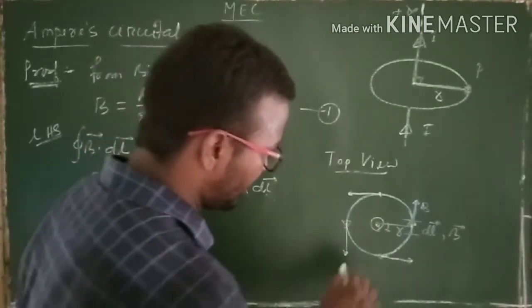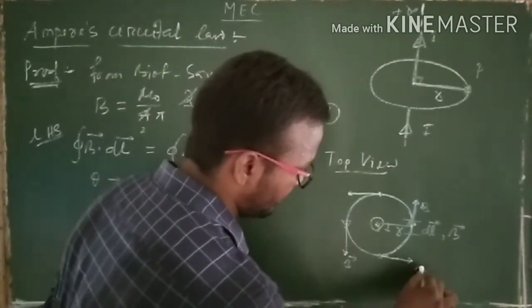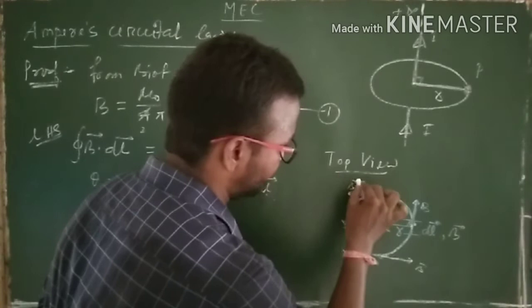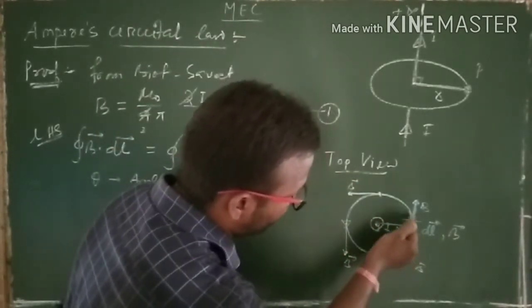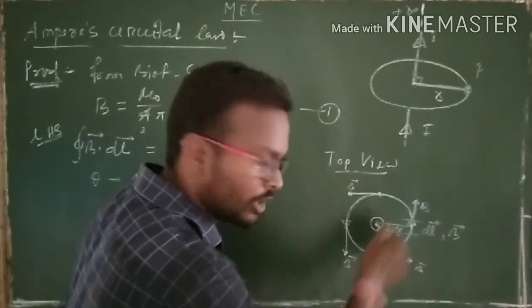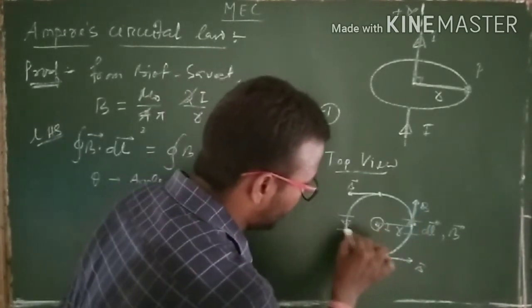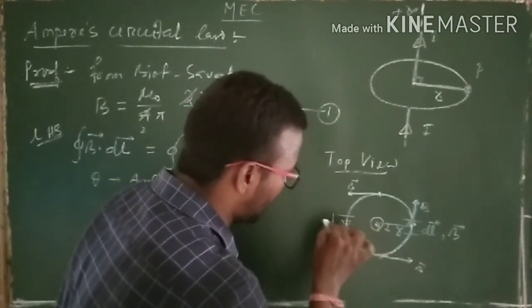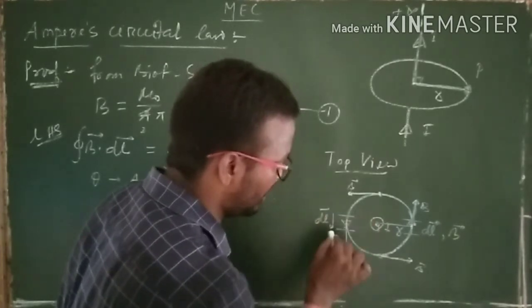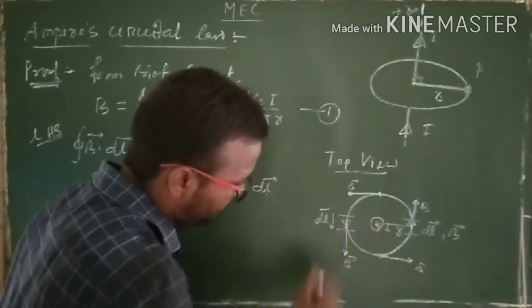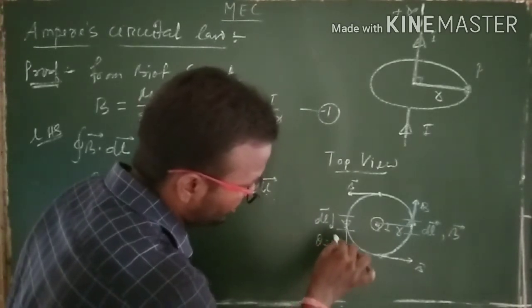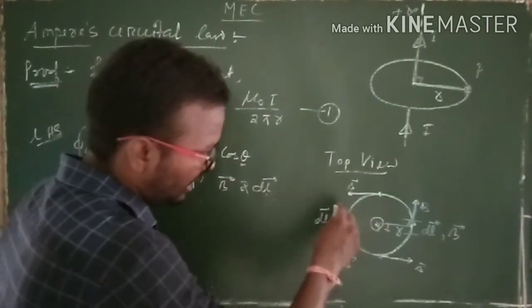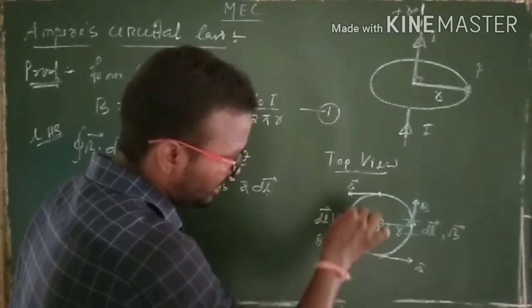Clear? So this is the direction of magnetic field at 4 points, and this is also the direction of the Amperian loop. If we choose another point here, this is the direction of the dl element, and this is the direction of magnetic field. So theta here is 0 degrees, because the dl vector and the B vector are along one line.